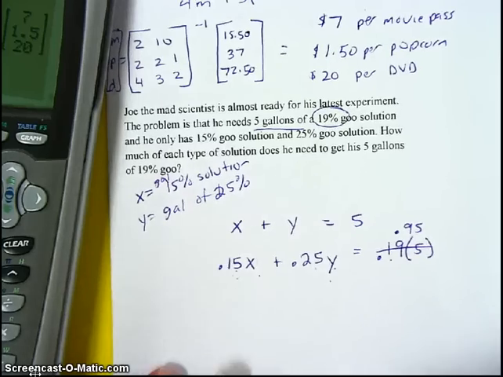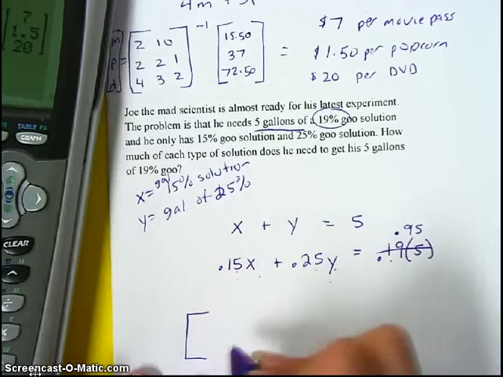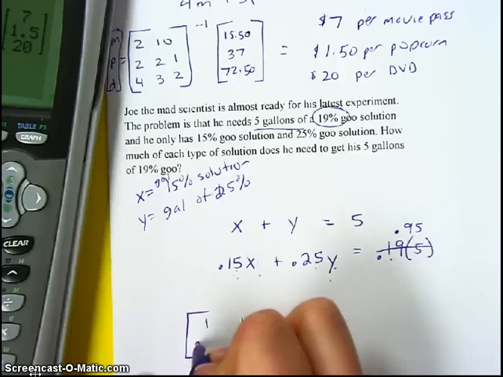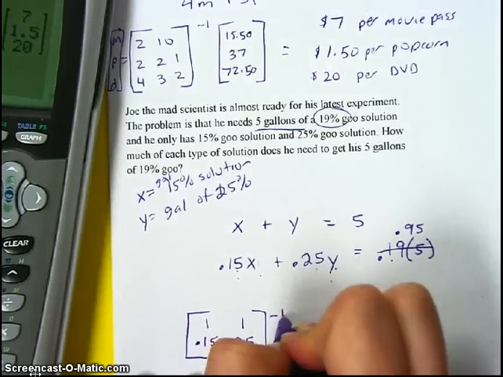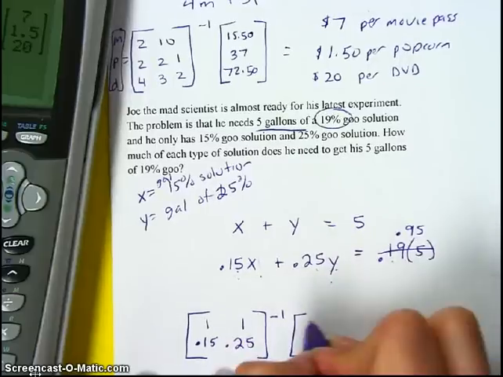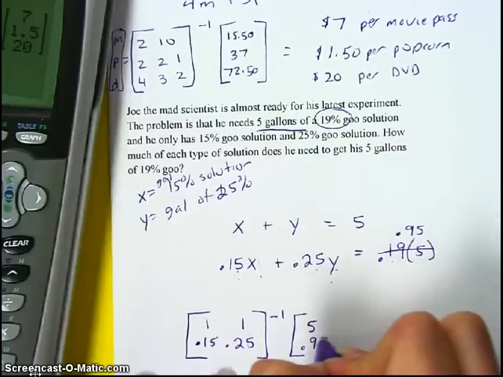So if we look at this, we set up our matrix. We've got 1, 1, because my coefficients are 1, 1, 0.15, 0.25, inverse, times our B matrix, which is 5 and 0.95. We know that this is x and y, so x and y are equal to A inverse times B. So we'll go in and set this up.